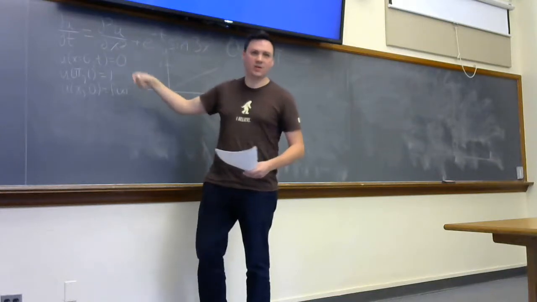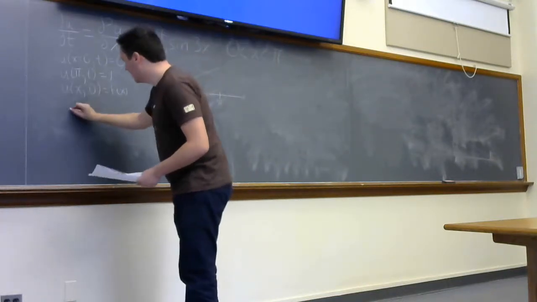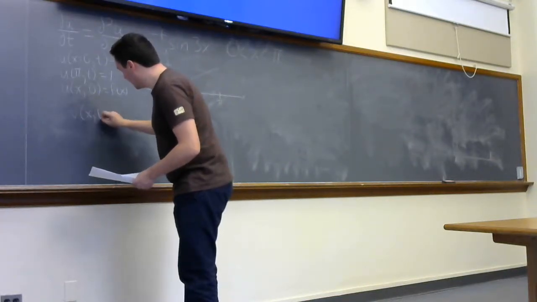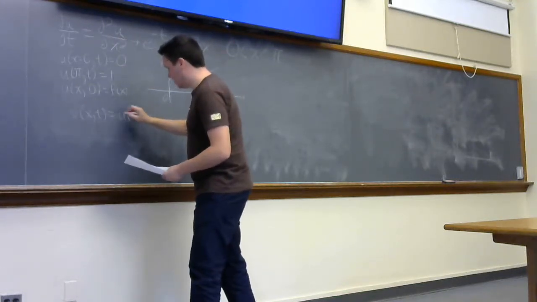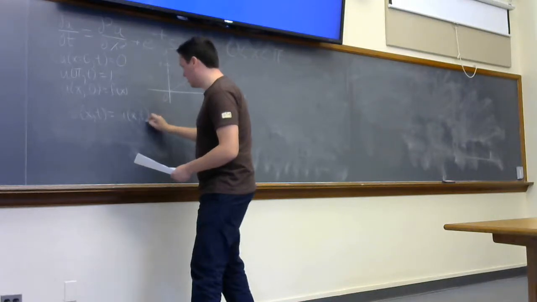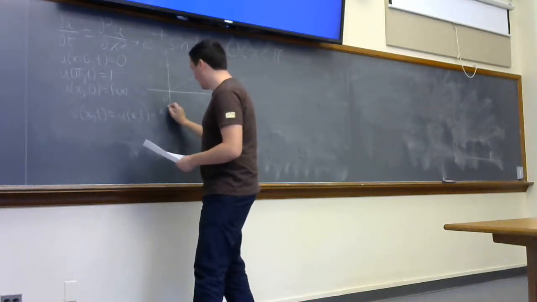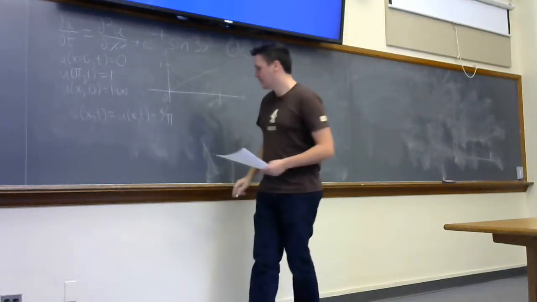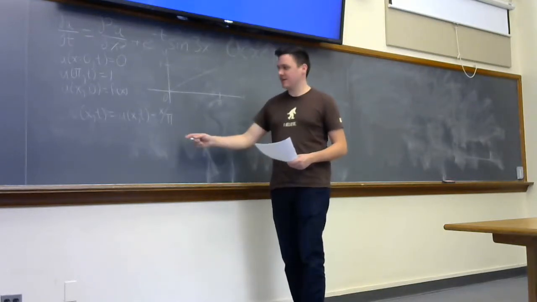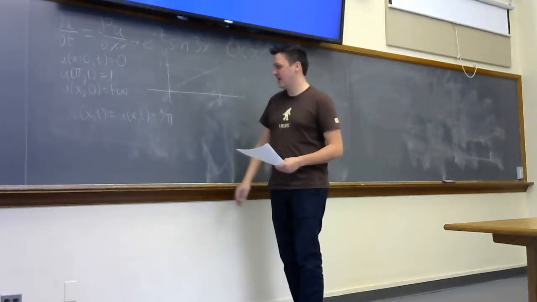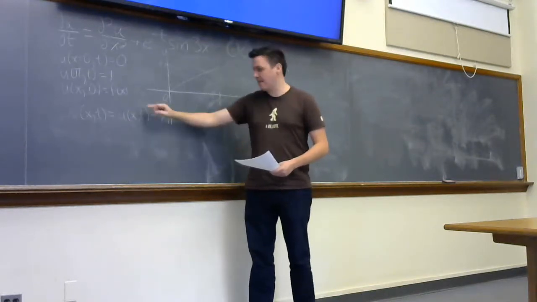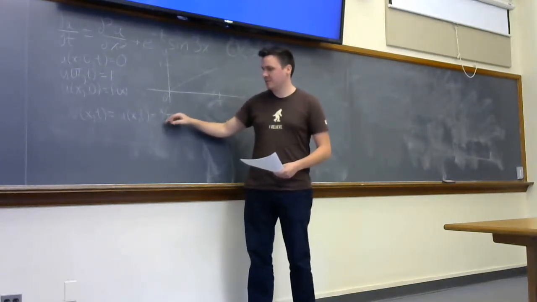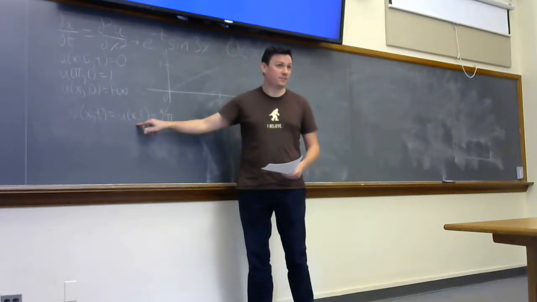We can shift all of our stuff over to this kind of equilibrium, and we can just say that v of x and t is equal to u of x and t minus x over pi. That'll give us, at 0, this is 0, and then at pi, this becomes 1 minus 1, so this is also 0.